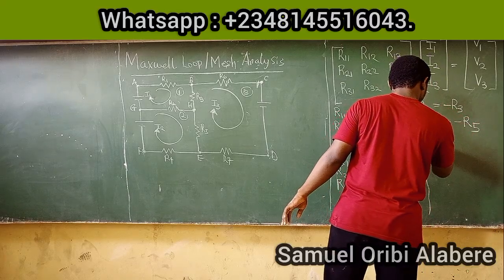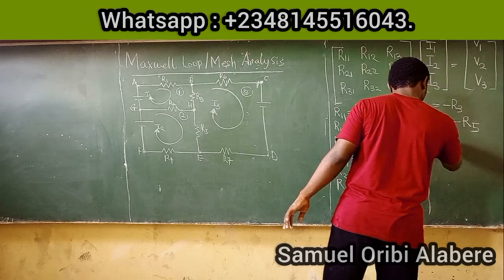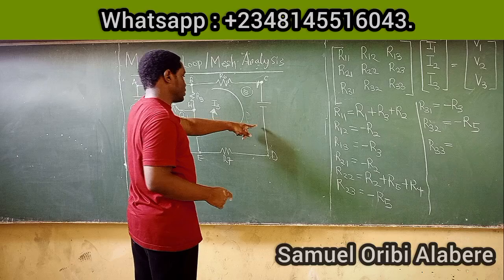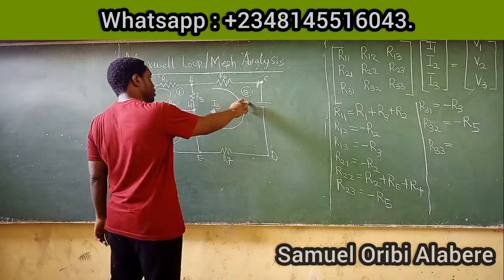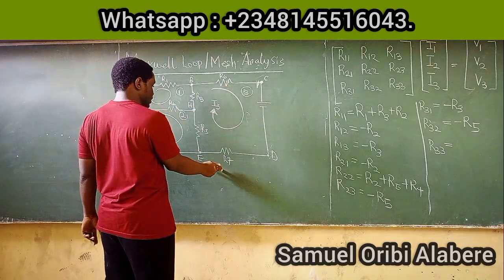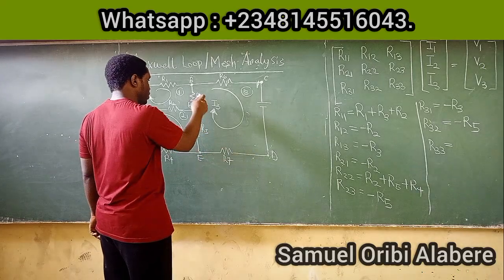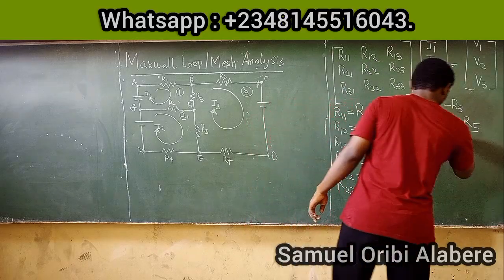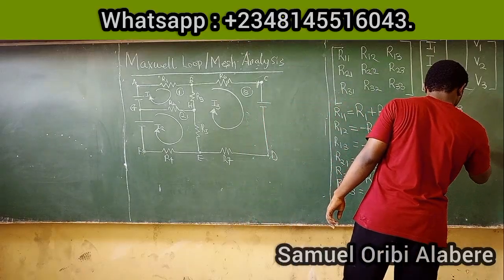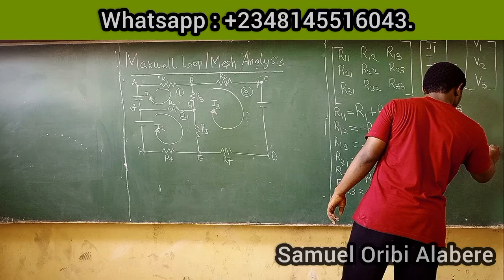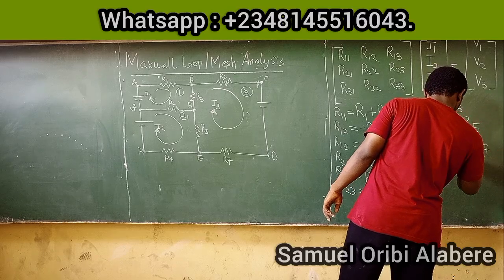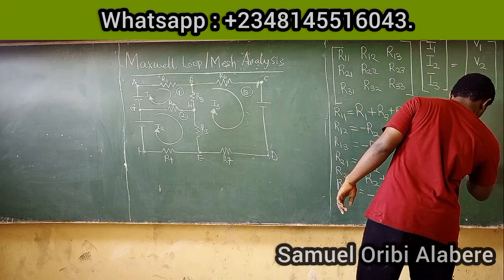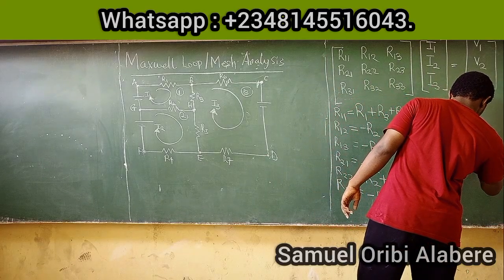Then R33 is equal to the sum of the individual resistances in loop 3, which is R6 plus R7 plus R5 plus R3, which is equal to R6 plus R7 plus R5 plus R3.